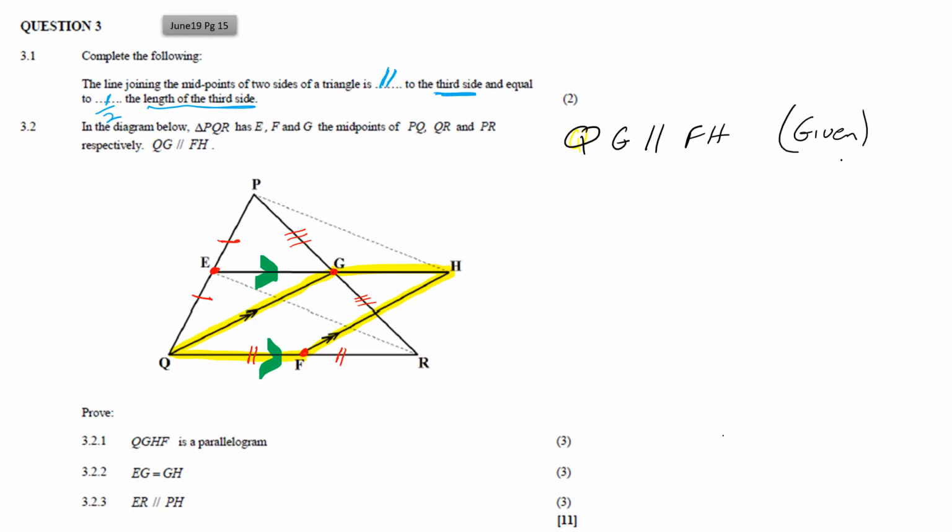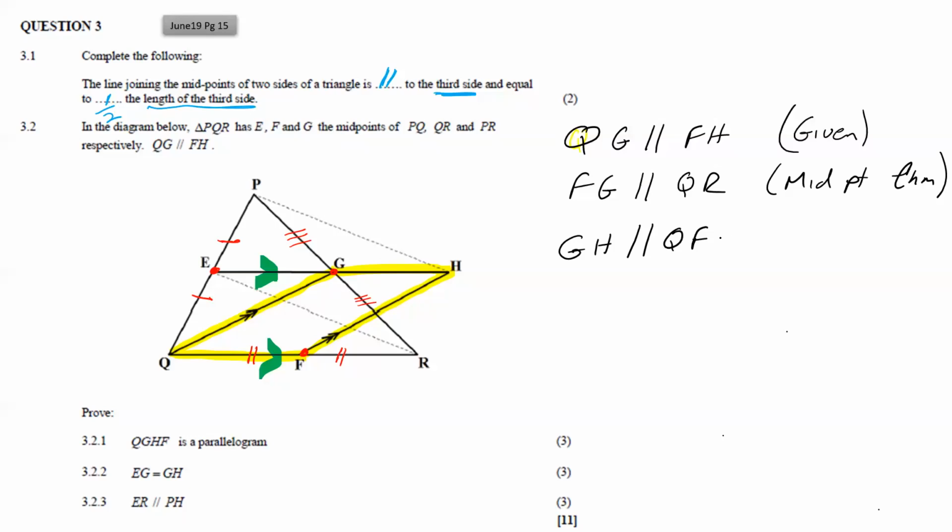Now, we can conclude here that FG is actually parallel to QR, and that is your midpoint theorem. And remember, GH is now parallel to QF because it's the same line. Are you with me? In other words, FGH is a straight line. Okay.